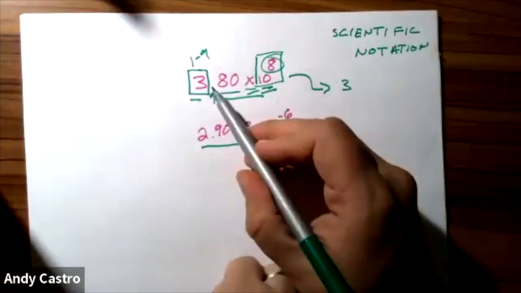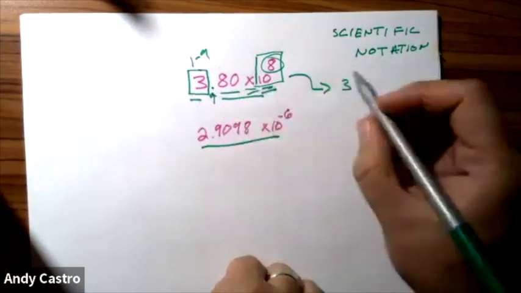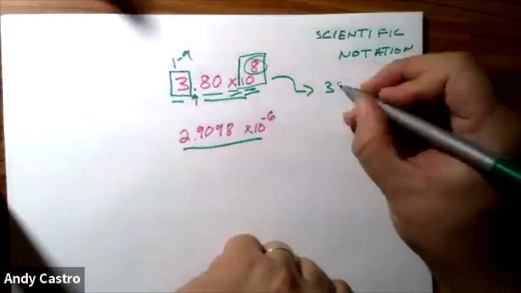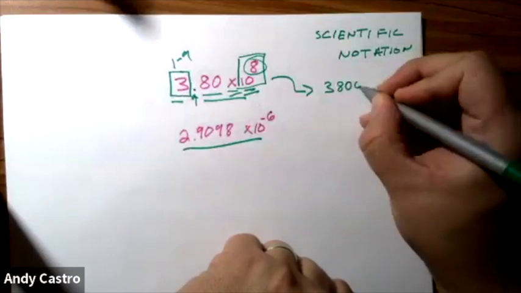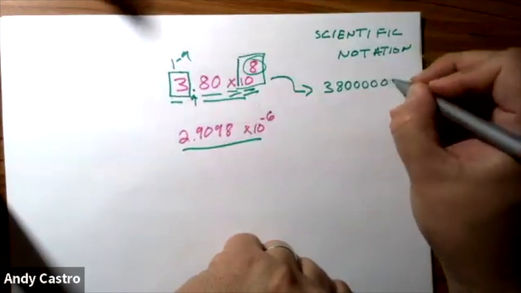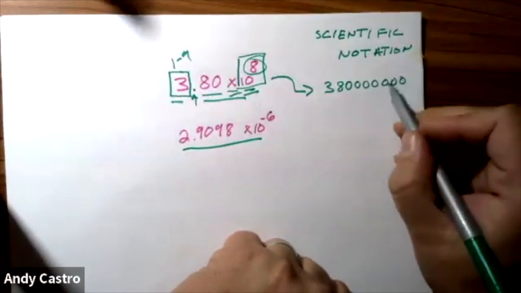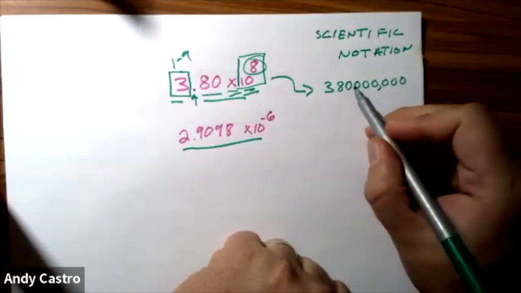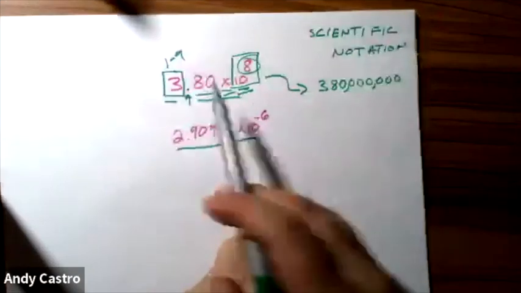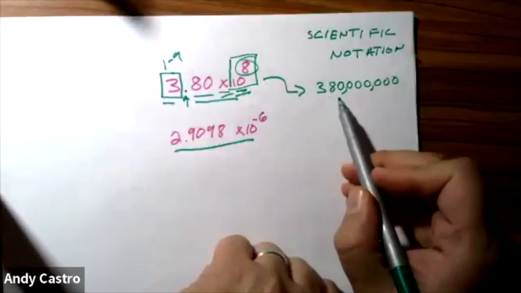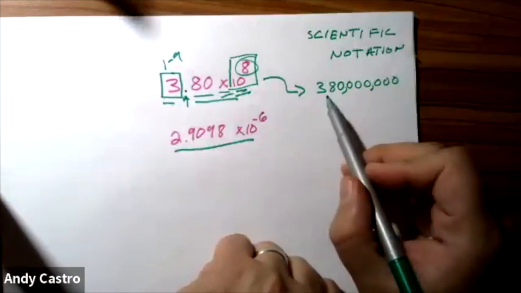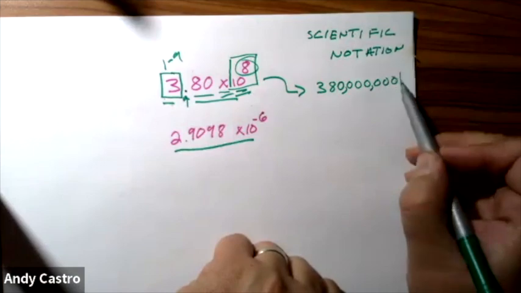We would have to move this decimal point to the right 8 positions. So this number is 380 million.